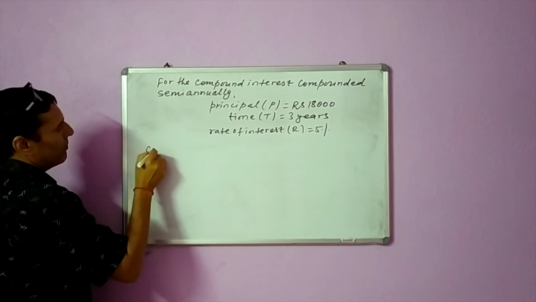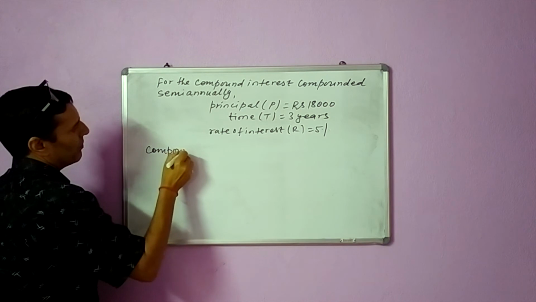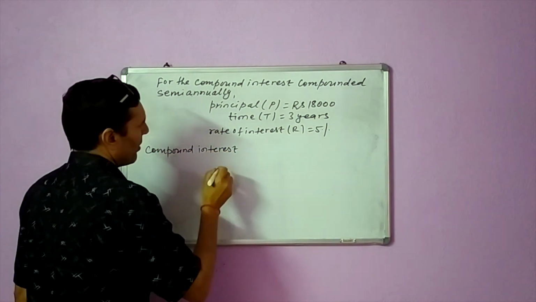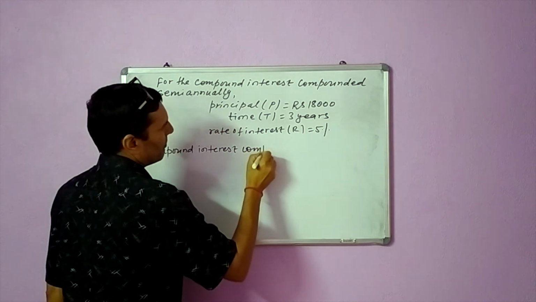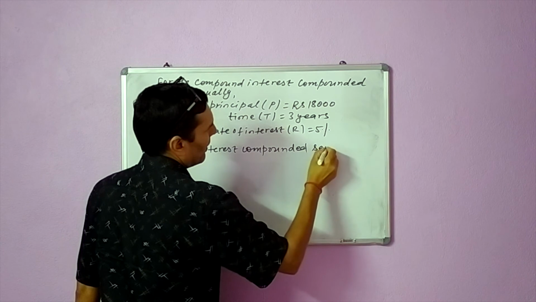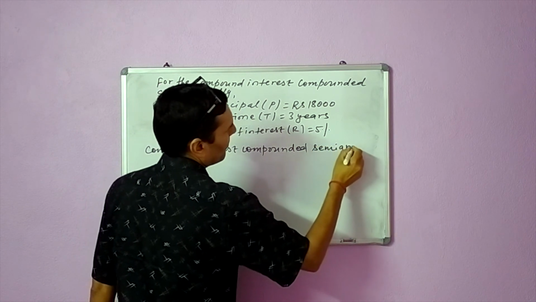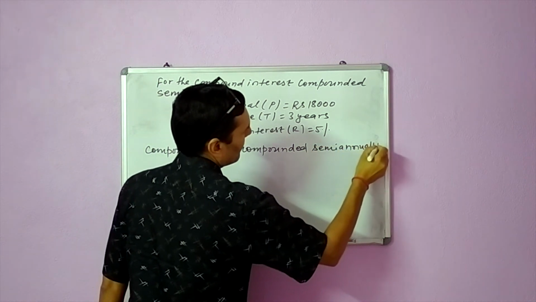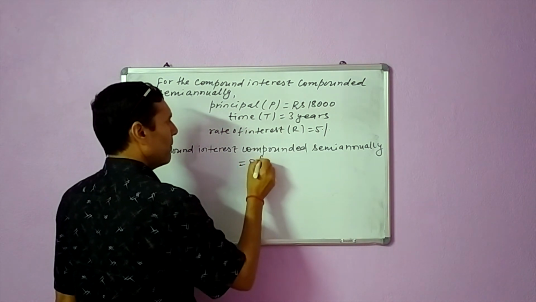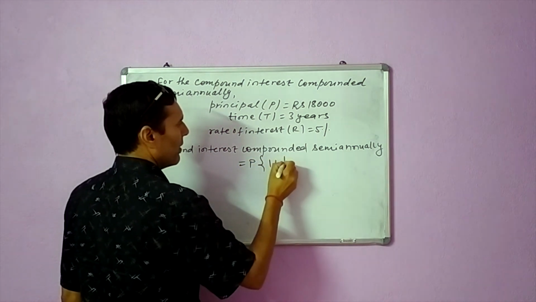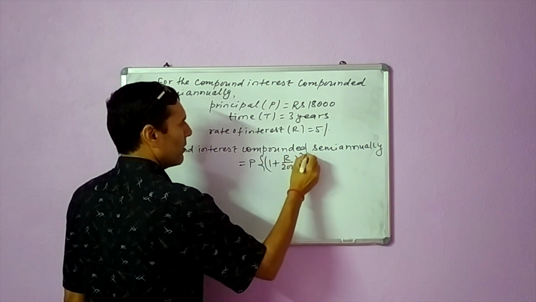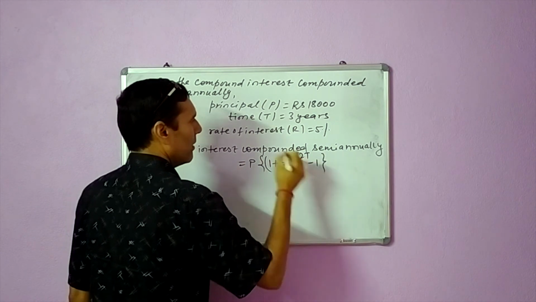So we have compound interest compounded semiannually. The formula is P times (1 + R/200) to the power 2t minus 1.